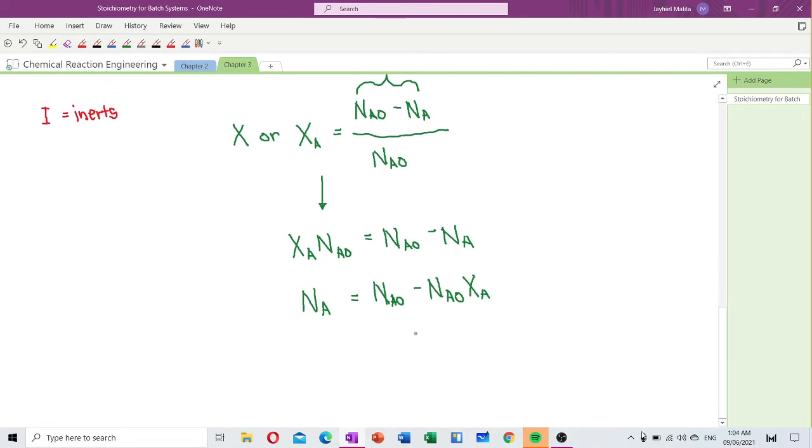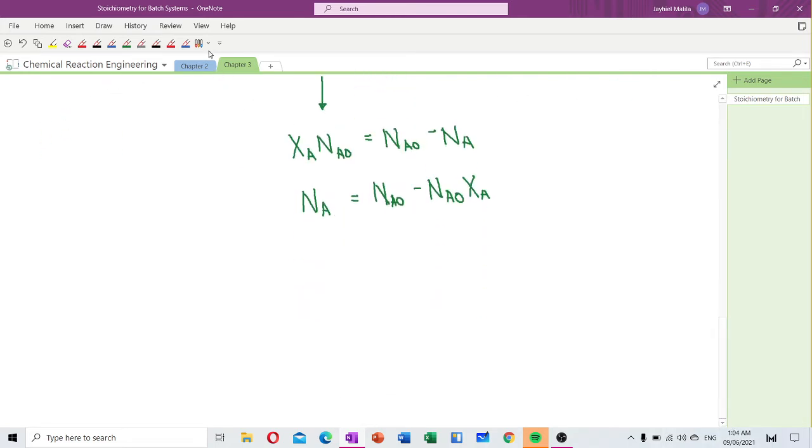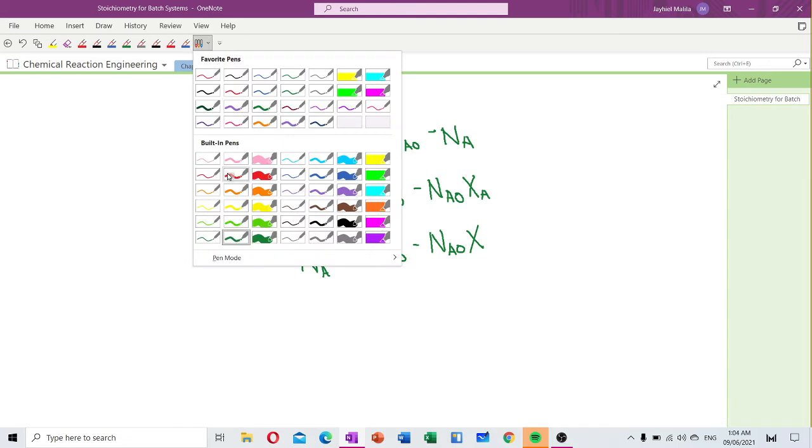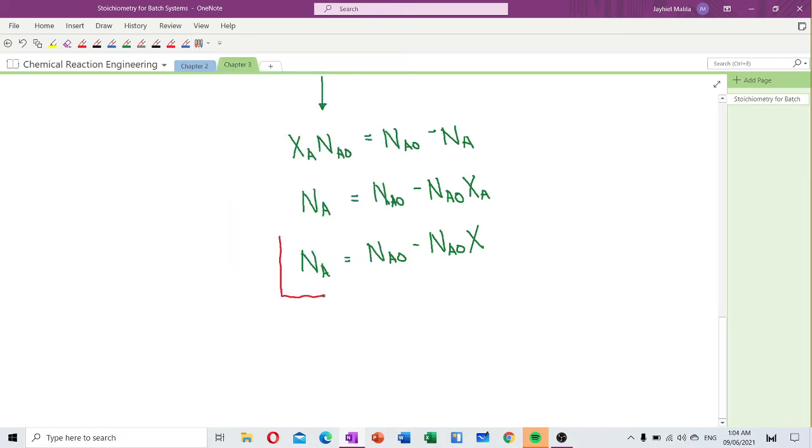Sometimes other textbooks write this as Na equals Na0 minus Na0x. Regardless of whether it's xa or x, that is just the same value, and the x value would always depend on A, which is the limiting reactant.